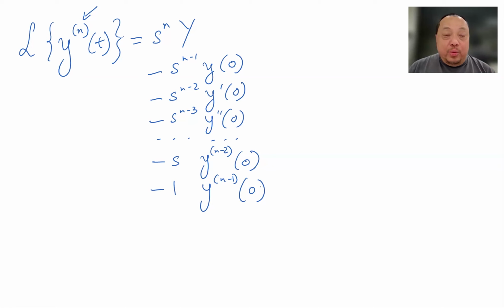And you'll never get to y to the nth derivative at 0 because in an initial value problem, you're given the initial value up to the n minus first derivative only. So that's how you write the Laplace transform of a derivative. Power of s goes down, the derivative of y goes up. The very first one is s to the n times Y plus everything else is a minus. Right, that's how I remember it.